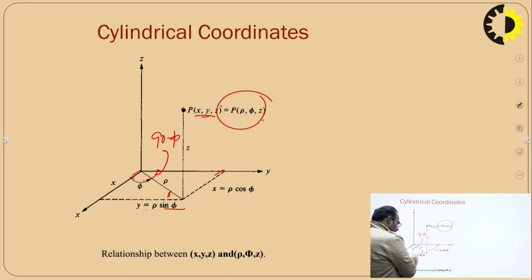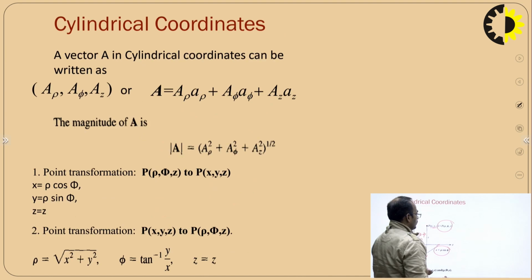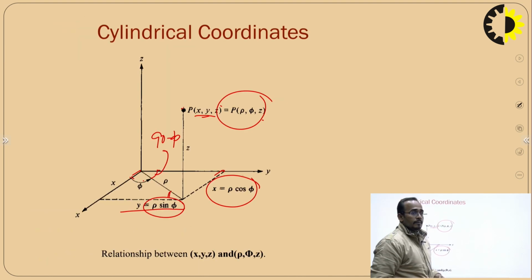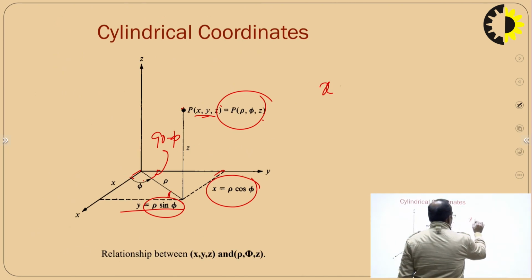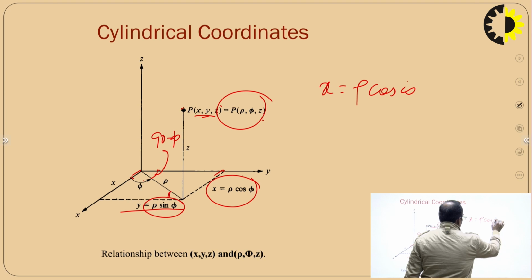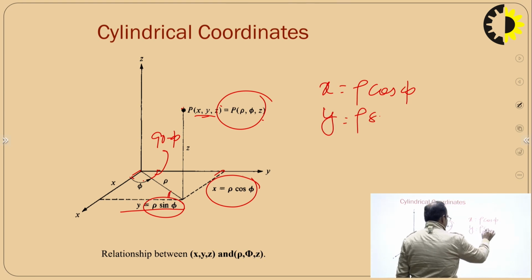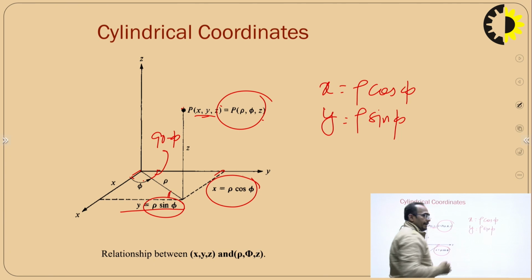So y is equal to, this is the amplitude in the direction of phi, this is the magnitude in the direction of x. So this is rho sin phi and this is rho cos phi. So you can write here x is equal to rho cos phi and y is equal to rho sin phi, and you can find the relation between x, y and rho, phi.